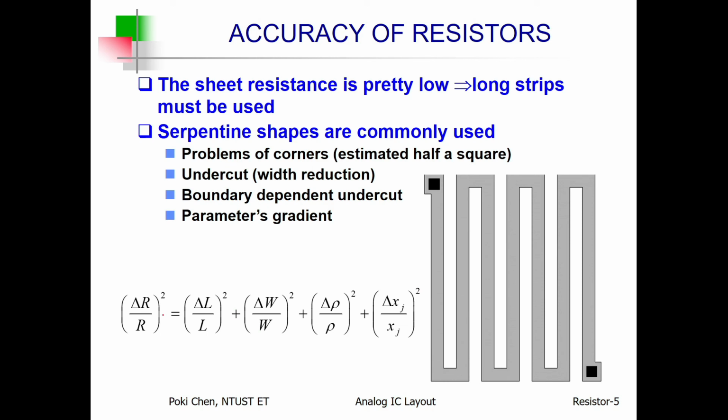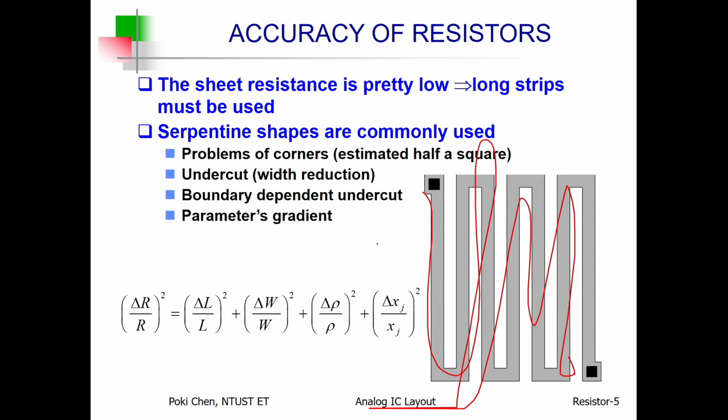And how about the accuracy of the resistor layout? You will see, if you would like to enlarge the resistance, maybe new engineers would like to apply such kind of serpentine layout for the very high resistance resistor. However, the accuracy of such kind of serpentine layout is really poor.